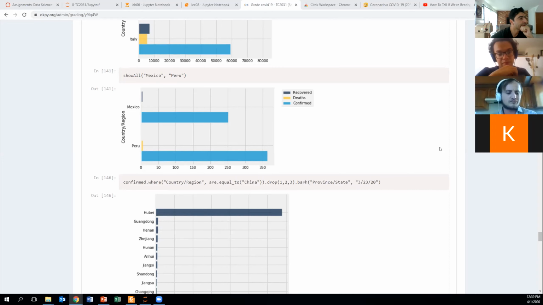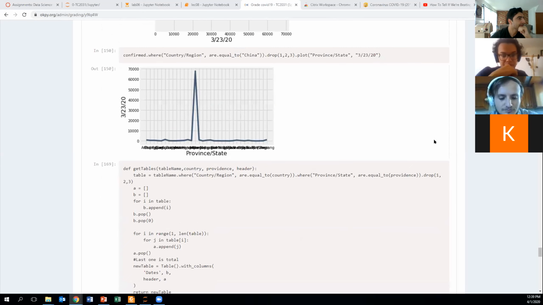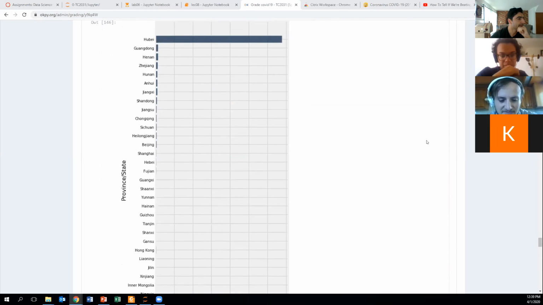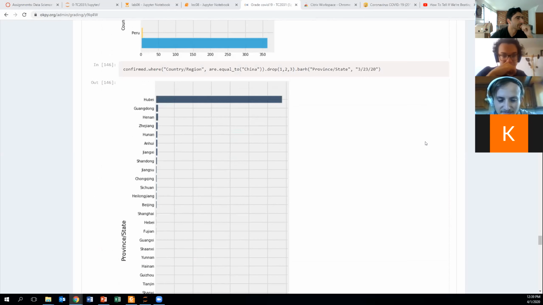And right below it we have Peru. And right here, on the top one, we were seeing if we even care about the state or province that they had.